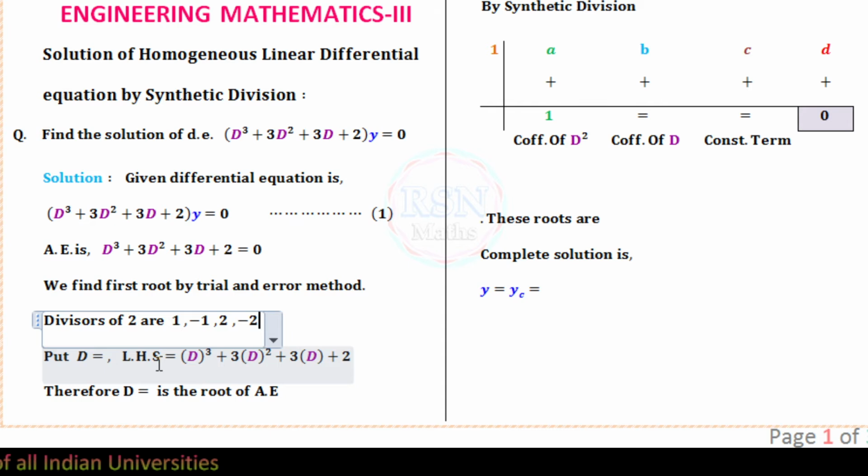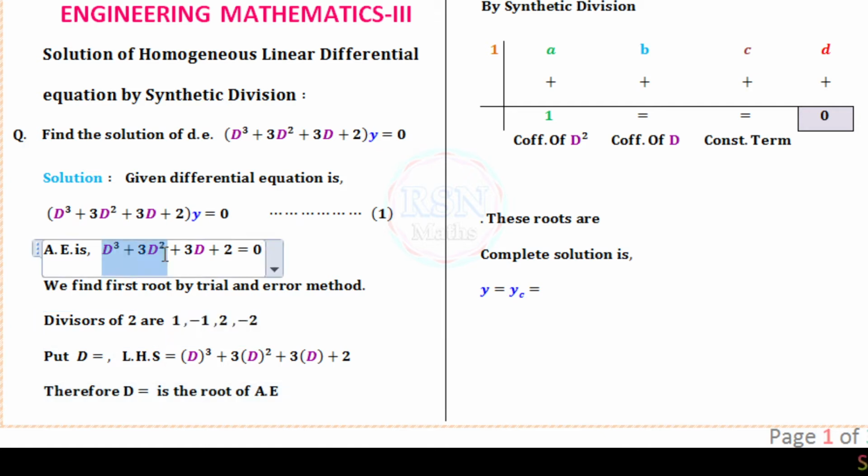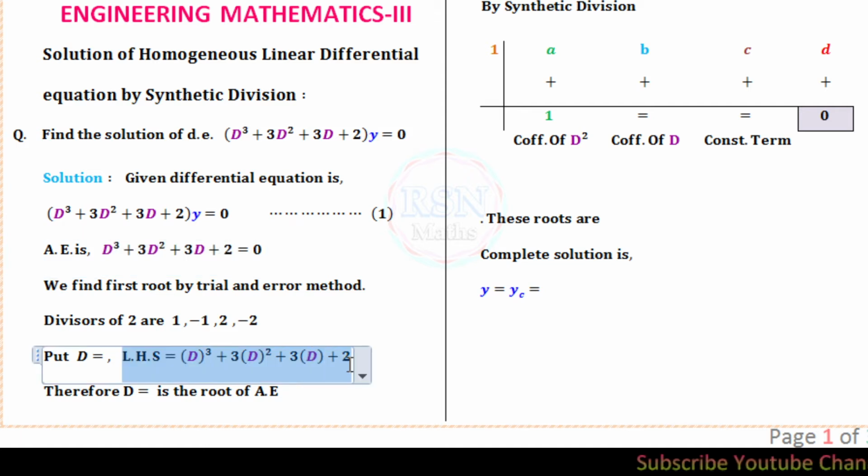Okay. Now to find the first root, we have to check these values of D in this equation, and we have to check left hand side equal to right hand side.